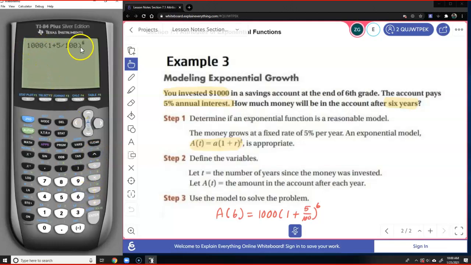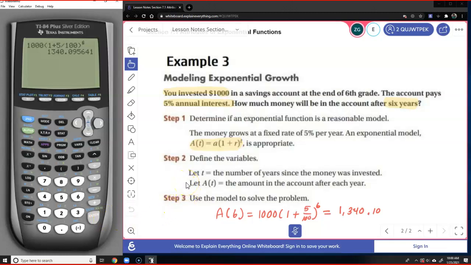And after 6 years, the amount of money that's going to be in the account is $1,340.10. Okay, I rounded off to the nearest cent.